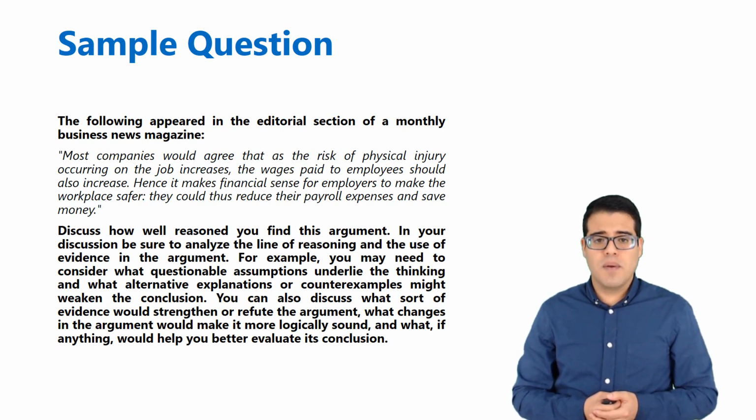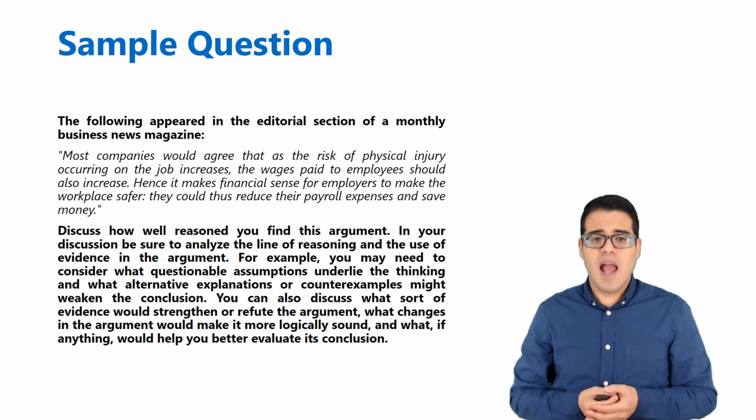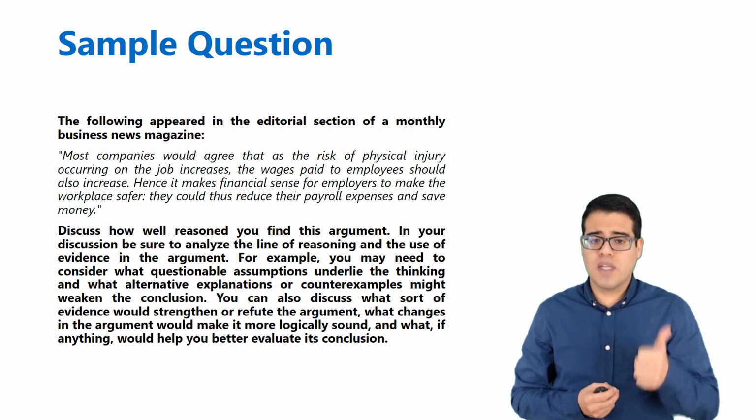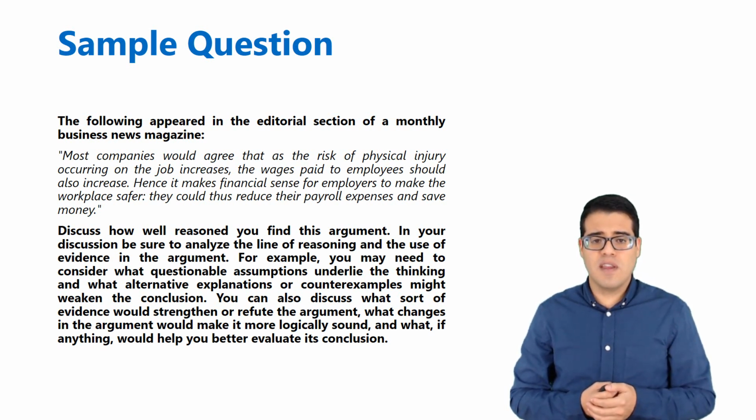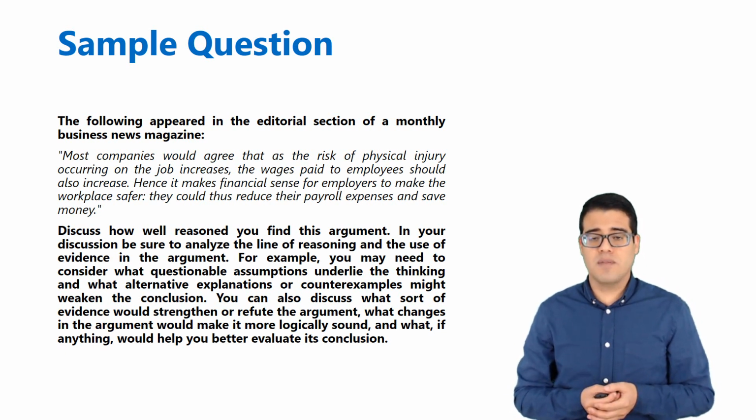In your discussion, be sure to analyze the line of reasoning and the use of evidence in the argument. For example, you may need to consider what questionable assumptions underlie the thinking and what alternative explanations or counterexamples might weaken the conclusion. You can also discuss what sort of evidence would strengthen or refute the argument.